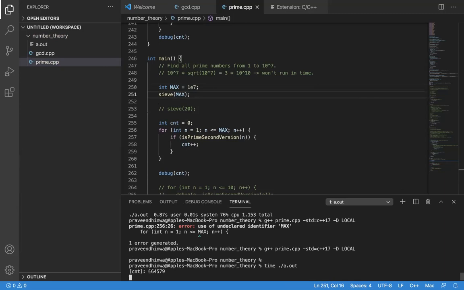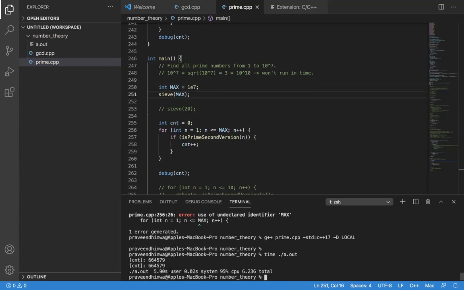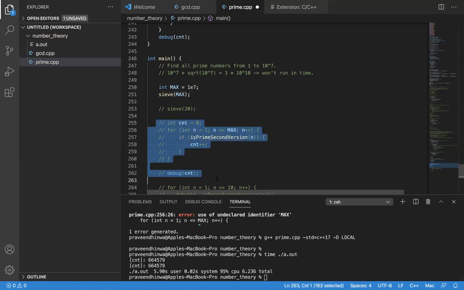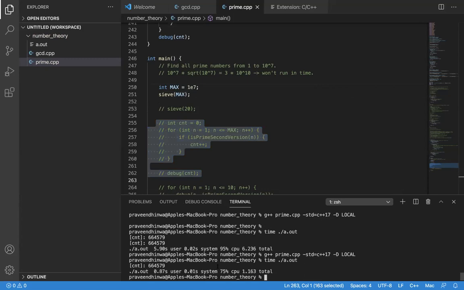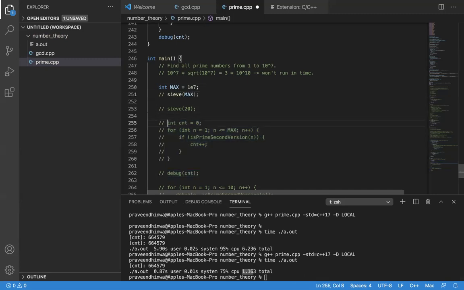From the sieve method, this is 664579, and from the other method, it is also the same. And you can see that the sieve is taking like 1 second, and if I use the second method, that will take, I think, 4 seconds or something.